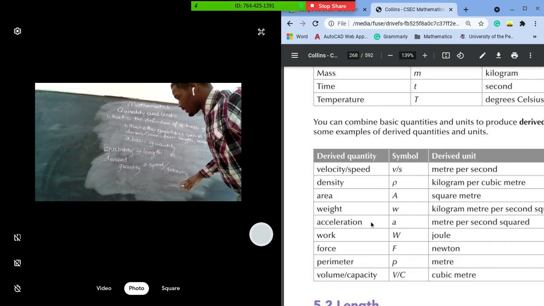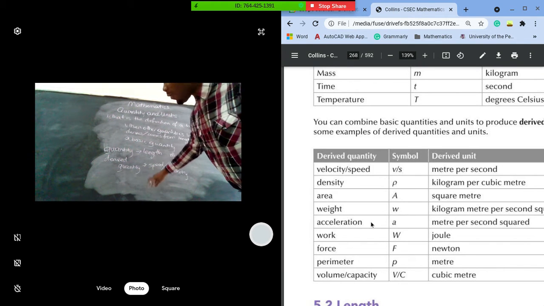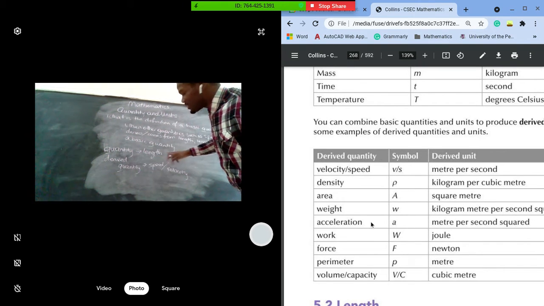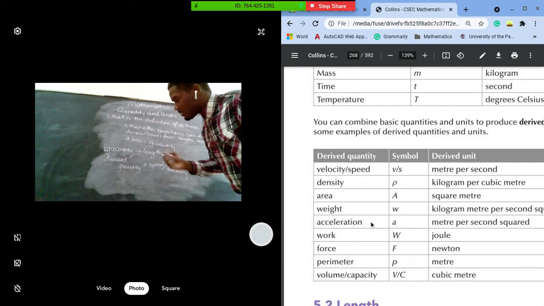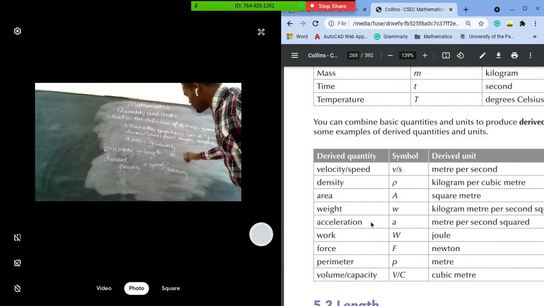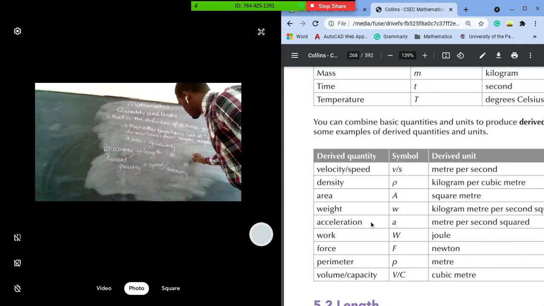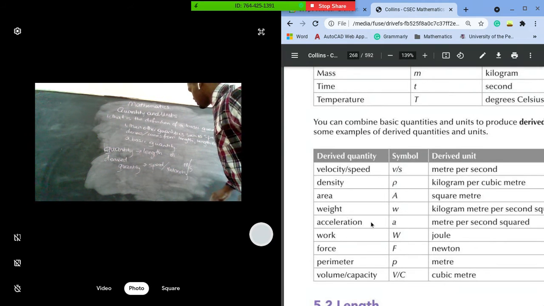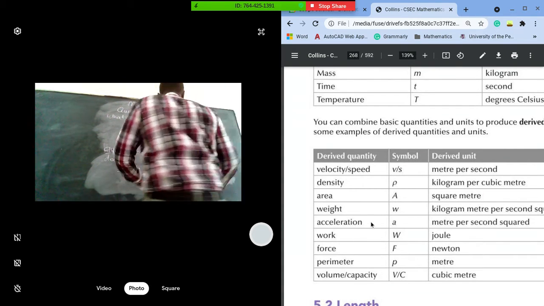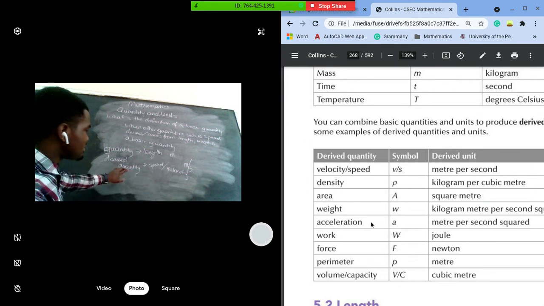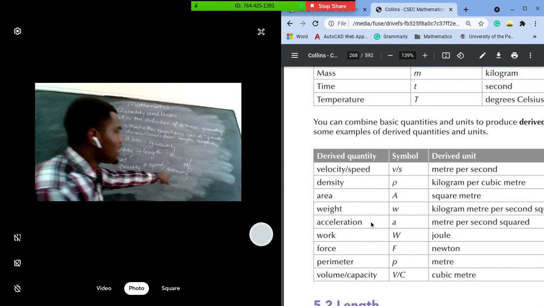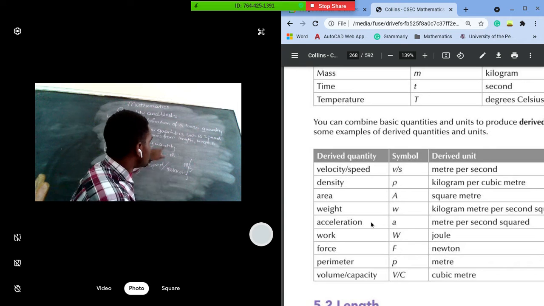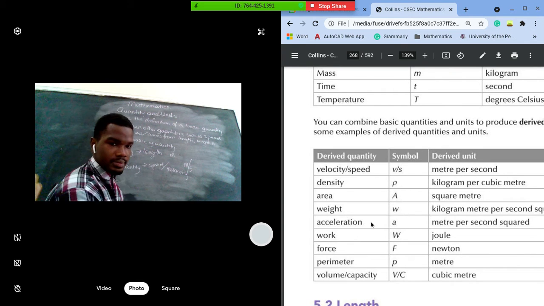Okay. So remember, speed is how fast you are going, so how many meters you cover in a given amount of time. So it is meters per second. Right? Don't the two of them have meter involved? Yes, sir. So that's why we say speed comes from length, because it is deriving from length.